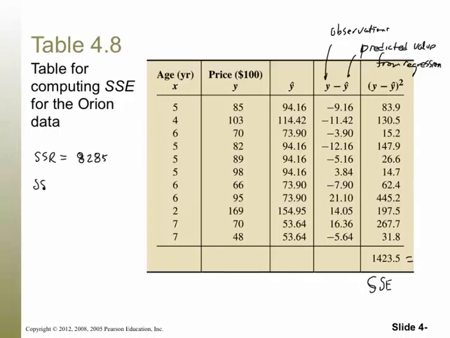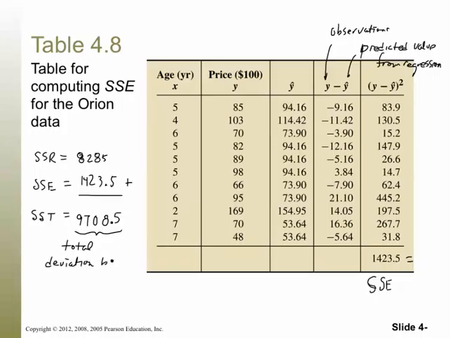Okay, so our SSE is 1423.5. And how do we get the SST? We're going to add those together, and we're going to get 9708.5. So what's this? This is the total deviation between what and what?